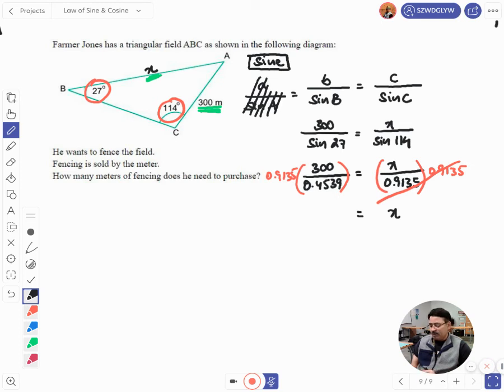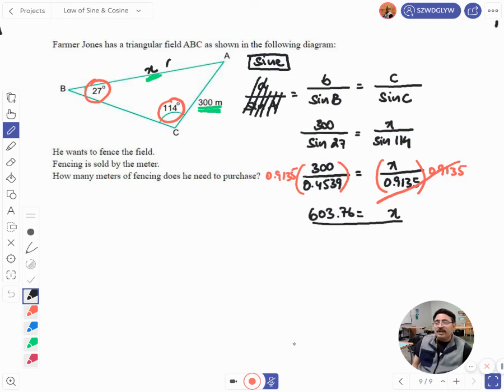I'm doing good. So that is 603. Therefore, we got 603.76. That's the value of x.